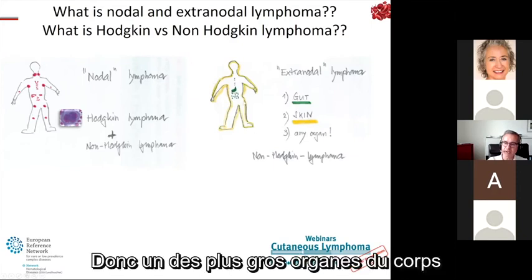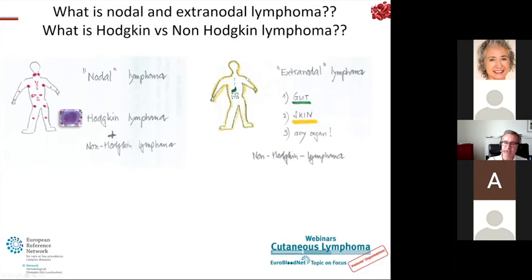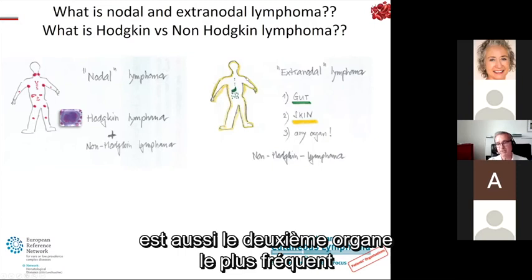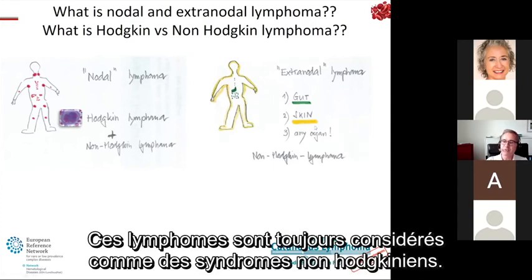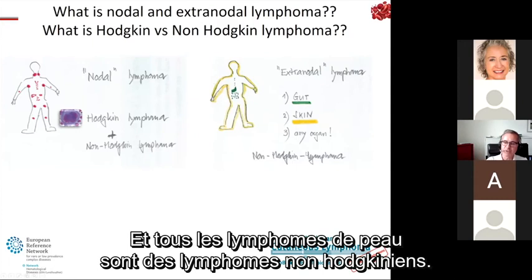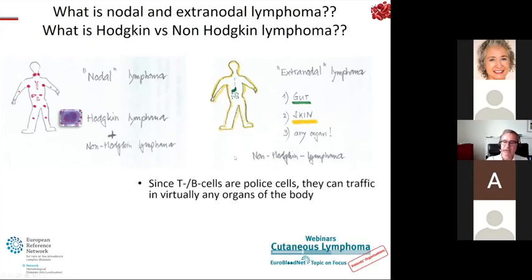So one of the largest organs in our body is also the second most prevalent location for formation of extranodal lymphoma. And these lymphomas are virtually always so-called non-Hodgkin's lymphoma. And all the skin lymphomas are non-Hodgkin's lymphoma.